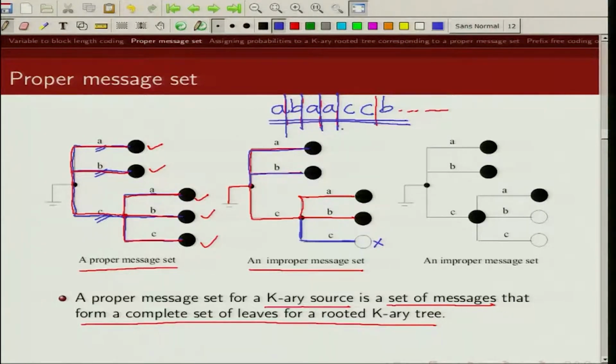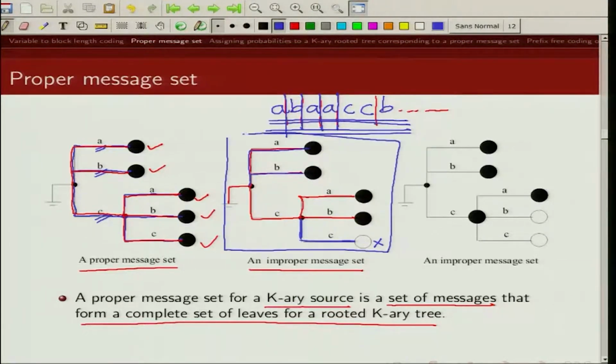So if I give this particular input stream to my message source parser, which is parsing my sequence like this, I cannot parse sequences which are of type CC. So this is an example of an improper message set.